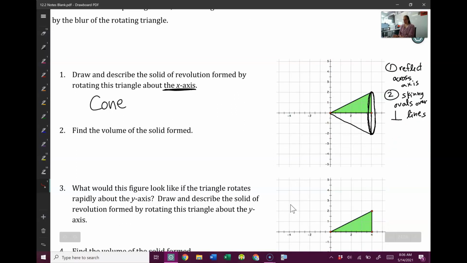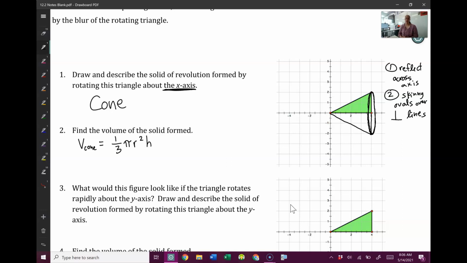Now, number 2, it says, find the volume of the solid formed. The first thing we need to know is the equation for the volume of a cone. This is one you will want to memorize and have in your head. The volume of a cone is 1/3 pi r squared h.